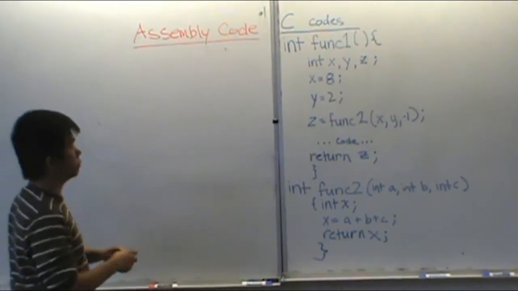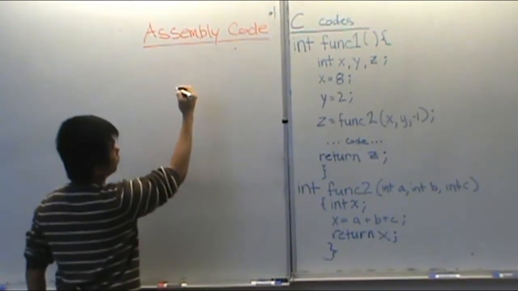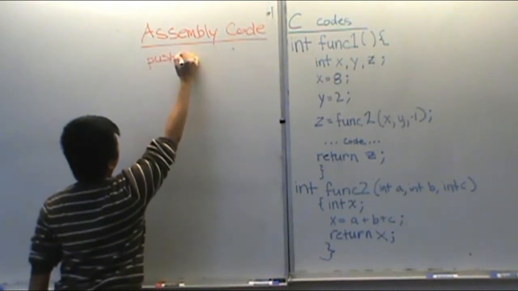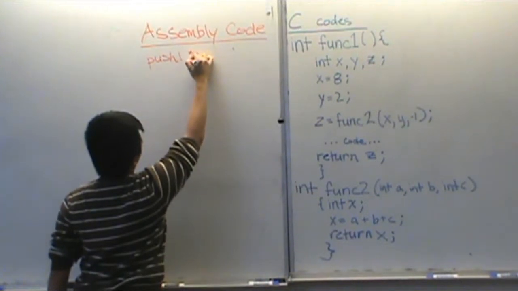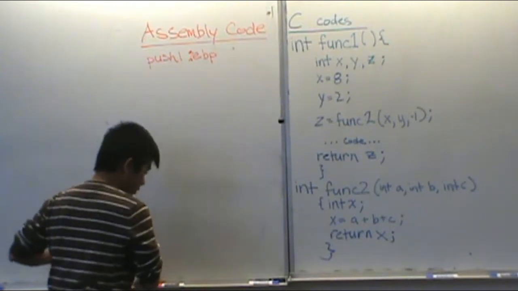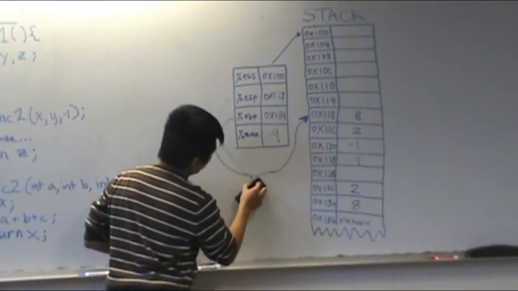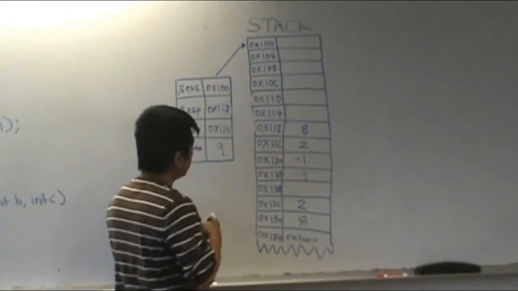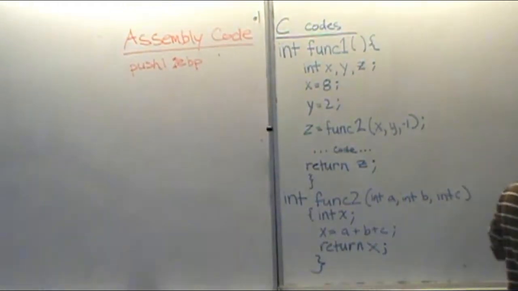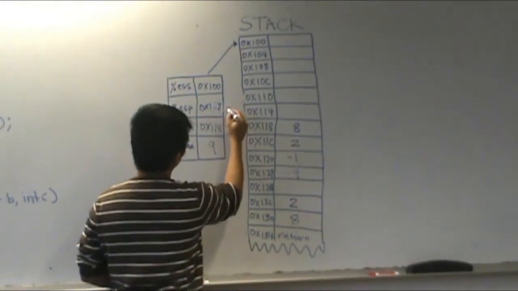So once you call function 2, we have to do the prologue for function 2. Basically, what we did in the beginning for function 1, we do push %EBP, which means that this EBP value will now be moving. Before I push, the caller function will have incremented the ESP up to 114.